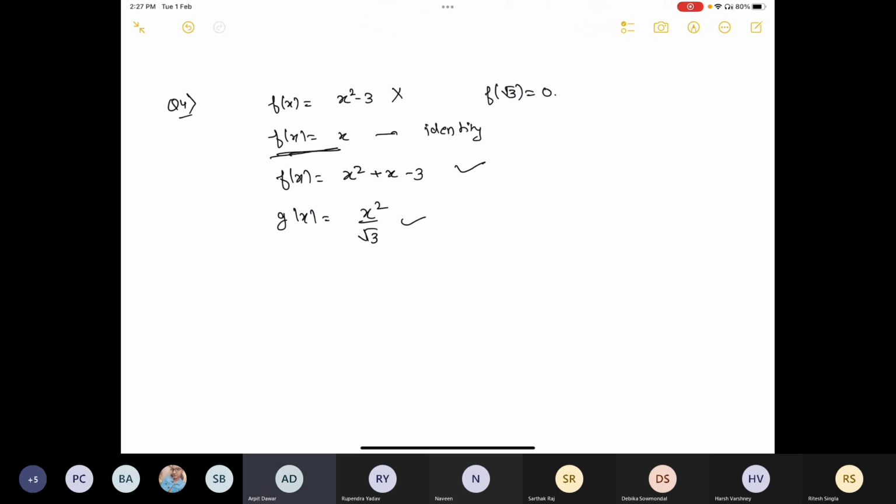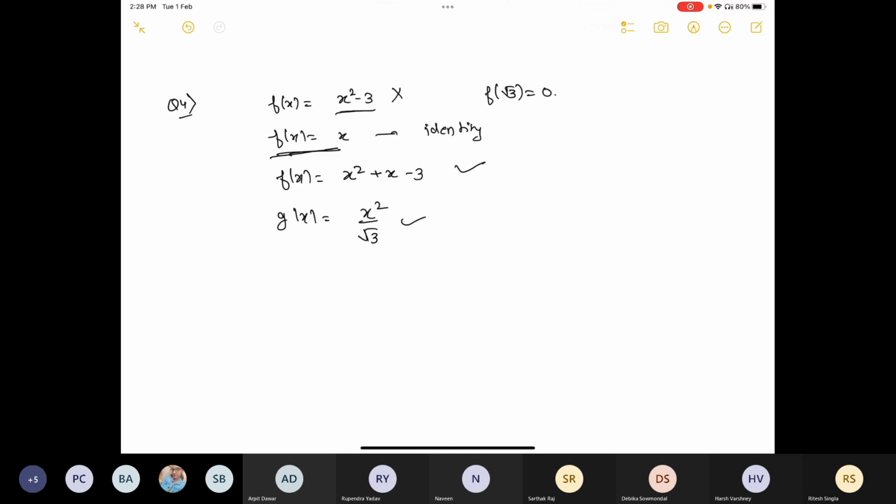So x squared minus root 3, why not? What will be f of root 3? You said f(x) equal to x squared minus 3 initially. So we are taking f or g, that's what I'm asking. If you find the root of this, it is 0, right?